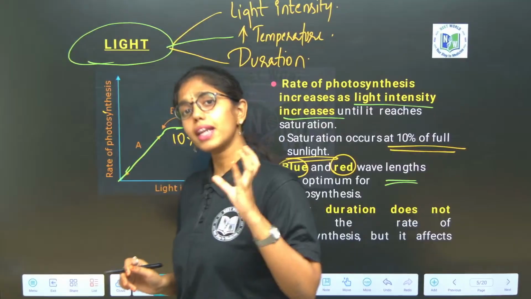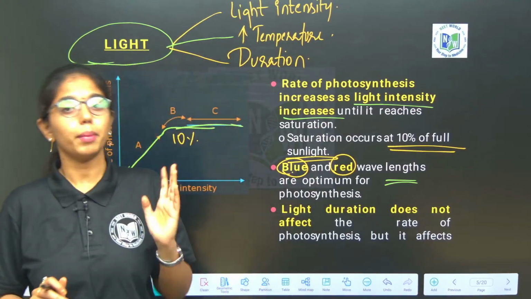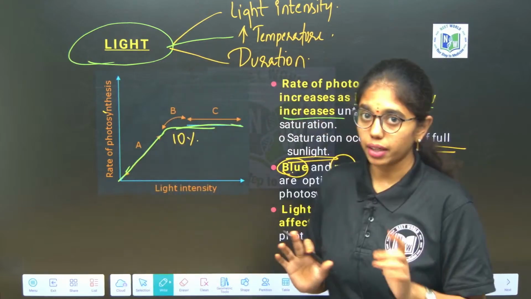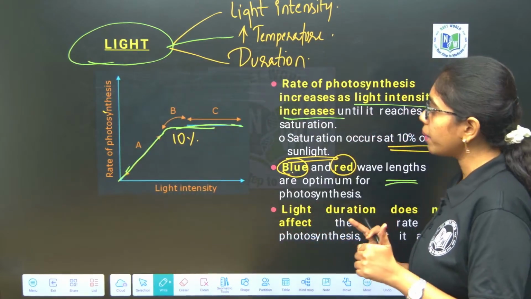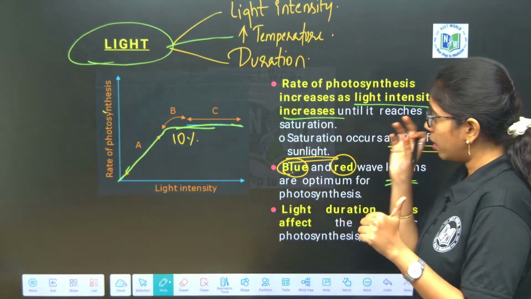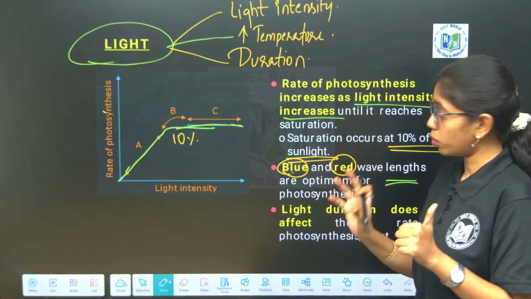Light will be rarely a limiting factor because light is abundantly present.